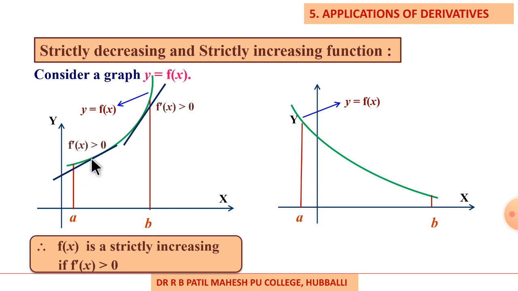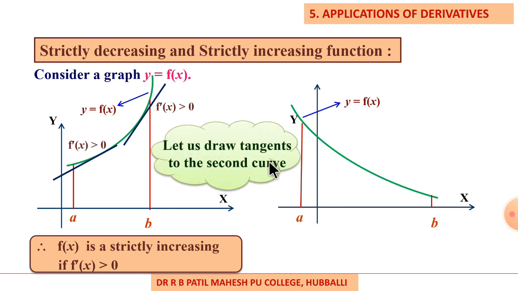See here, the graph is continuously increasing. If you draw the two tangents, for both the tangents the values are greater than 0. So such a function we call strictly increasing.